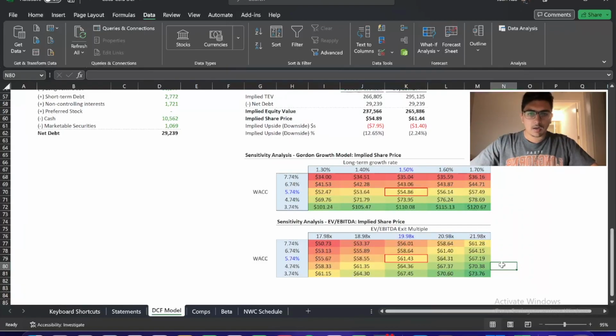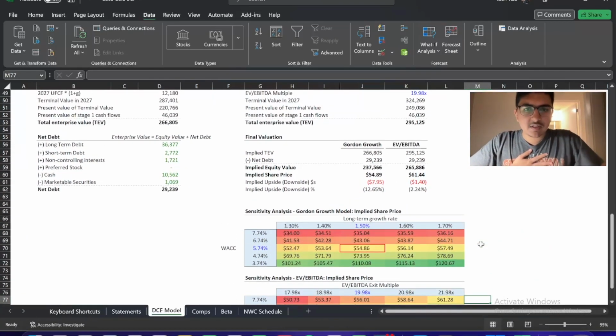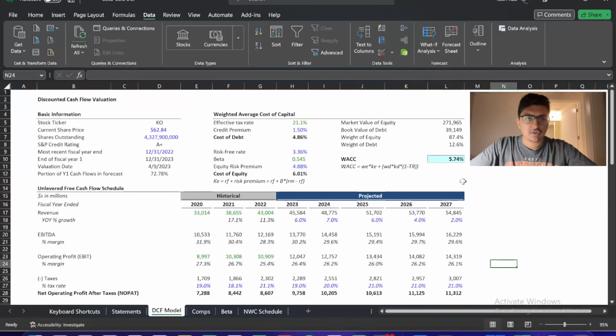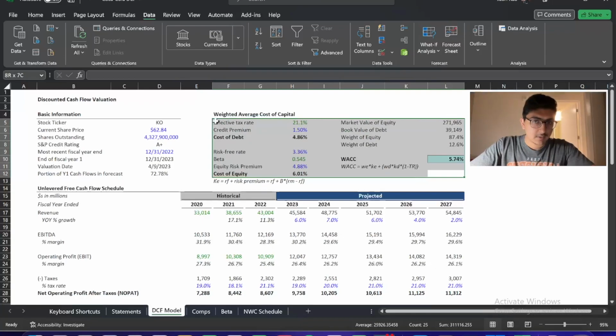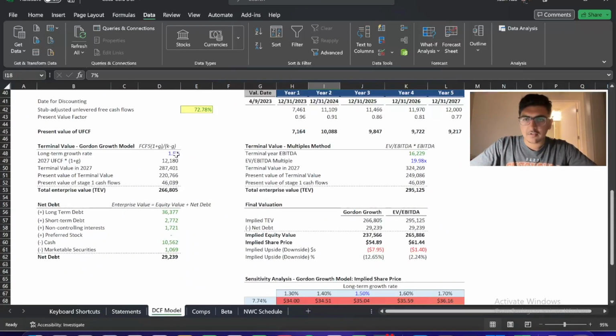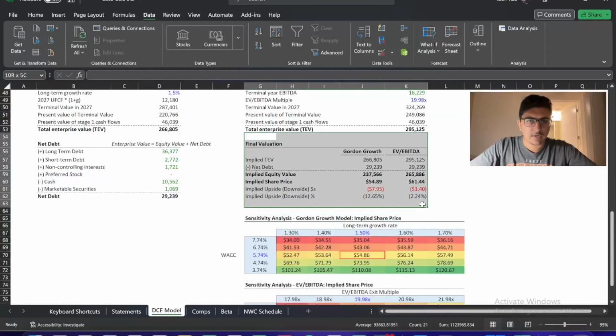But what you need to show us is your unlevered free cash flow schedule. You need to show us your WACC, and you need to show us your assumptions for WACC. You don't really need to show your estimates right here. Then what you need to show us is your final valuation.